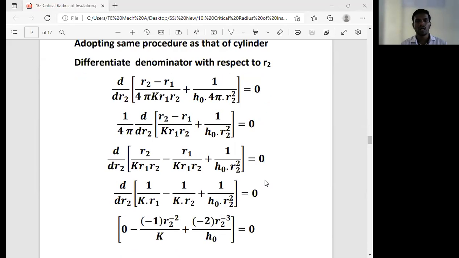Separate R2 and R1 here: R2 by K R1 R2, R1 by K R1 R2, plus 1 upon HO into R2 square.